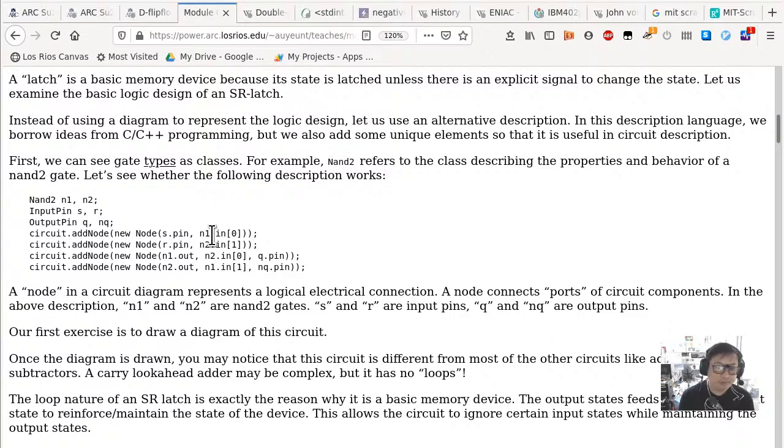So that's really just a long introduction to why we are now starting to sometimes look at circuits from a text representation.